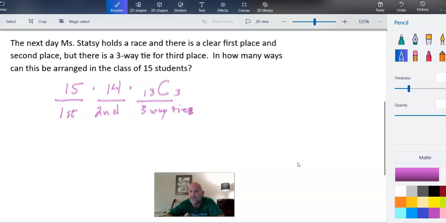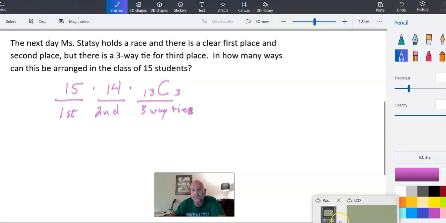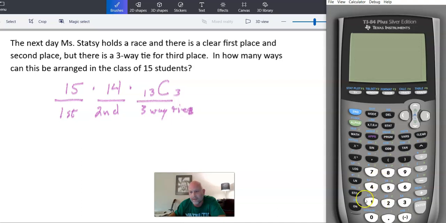So my computation for the number of ways that this race could be finished with a clear first, a clear second, and a three-way tie for third is 15 times 14 times 13 choose 3. We can plug that into the calculator directly. We got 15 times 14 times, and it's a good idea to use the parentheses on this.